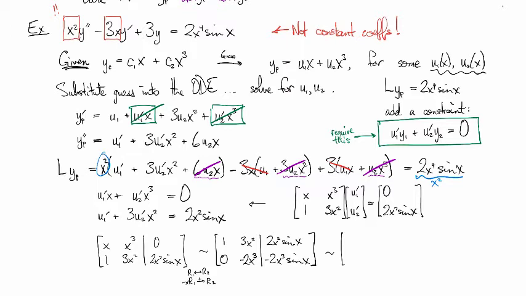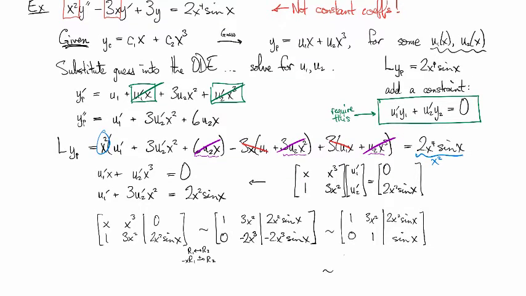So now I've got, can divide through by the minus 2x cubed. And then subtract, I guess, 3x squared times the second row.